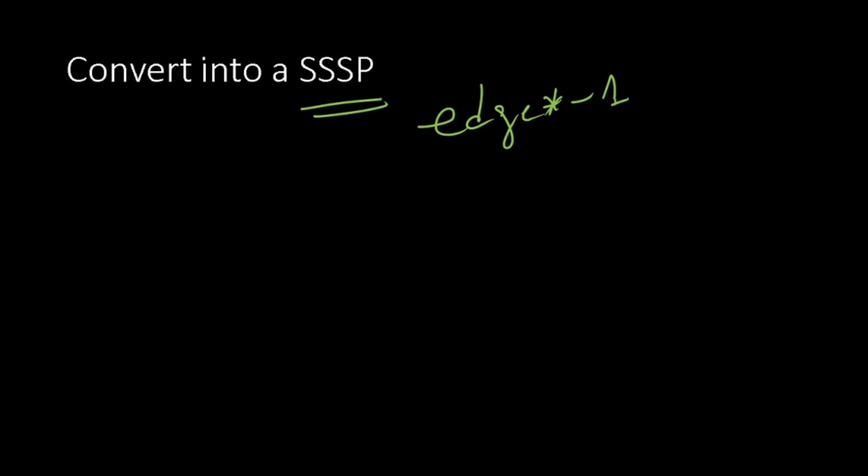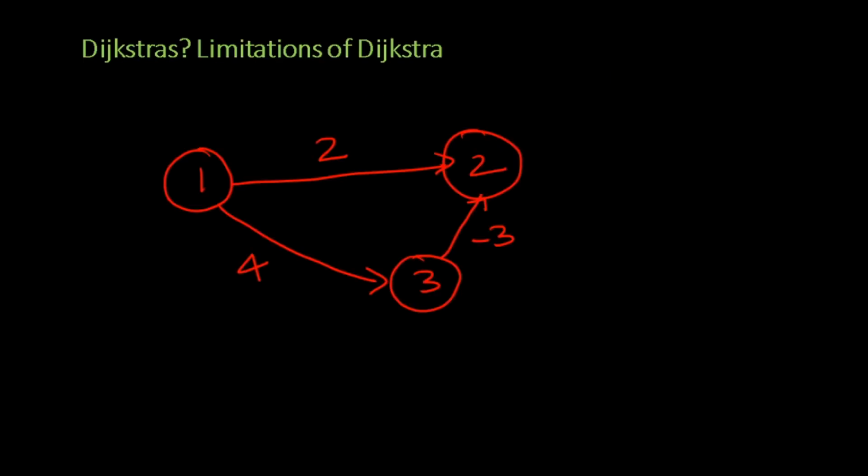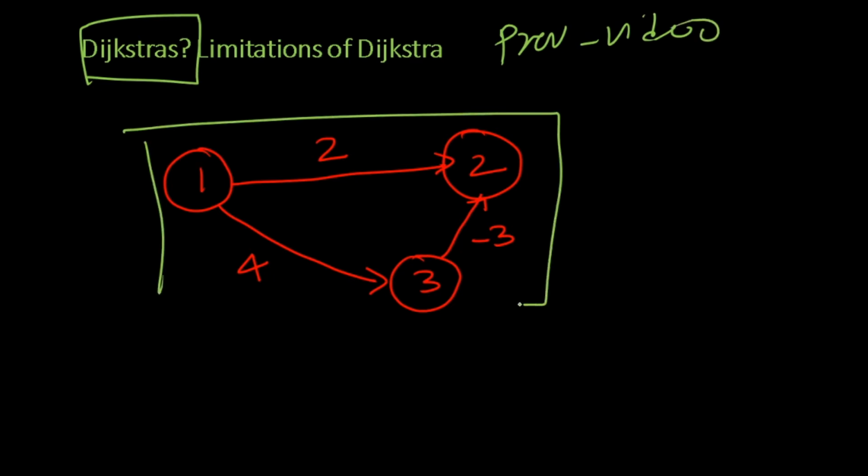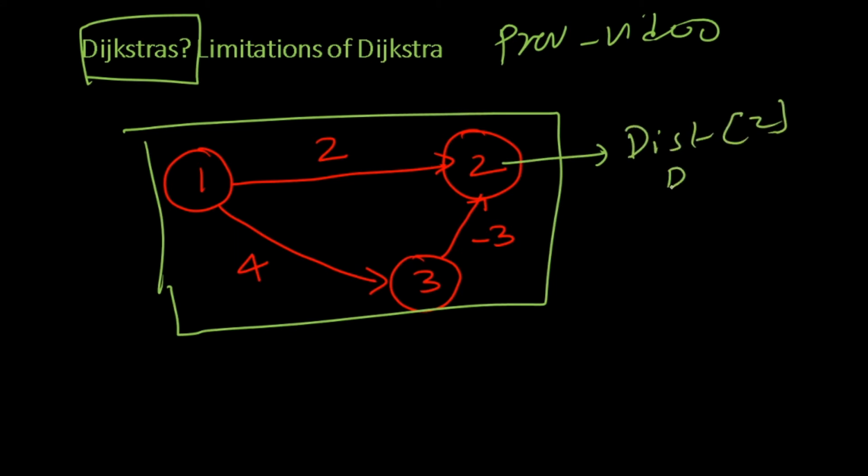Okay, now let's proceed. So can we use Dijkstra's? I already covered this in a previous video. In fact, in the video previous to this one, with the exact same example and exact same diagram, we saw that Dijkstra's was giving a distance of 2.